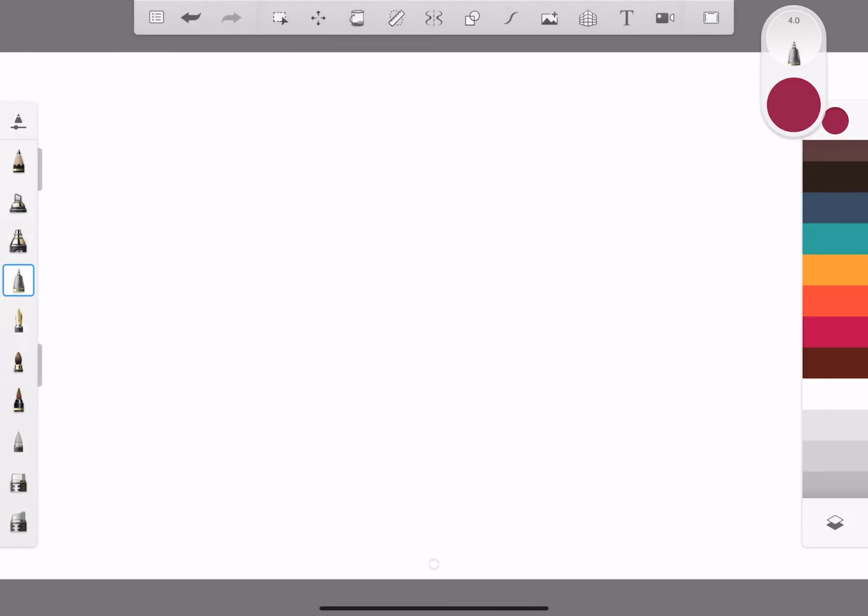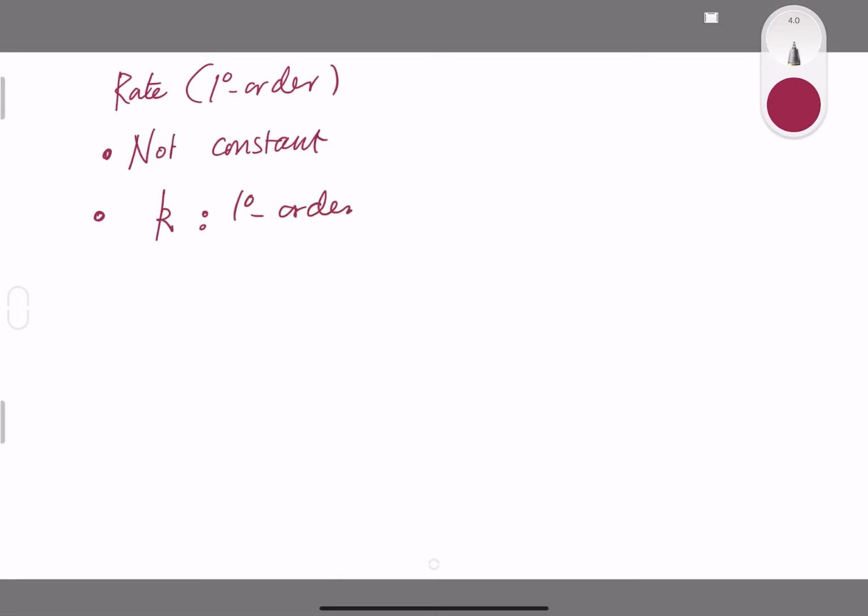So the rate, if we are talking about first order, is not constant. For sure, this is one of the differences. K, the first order rate constant, is for sure constant.